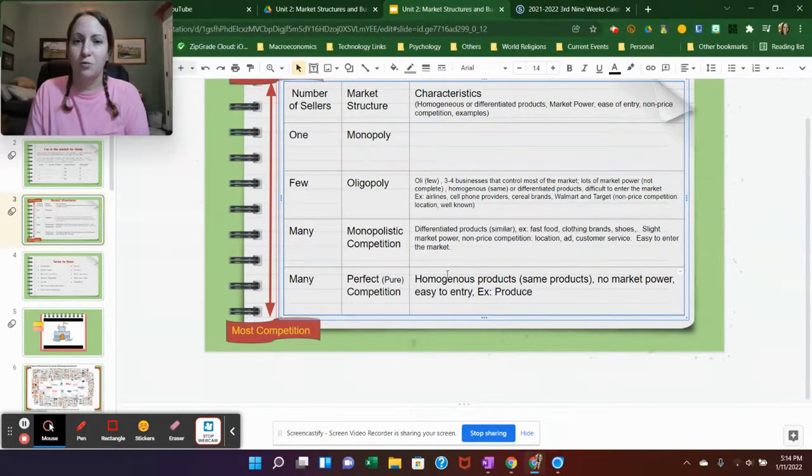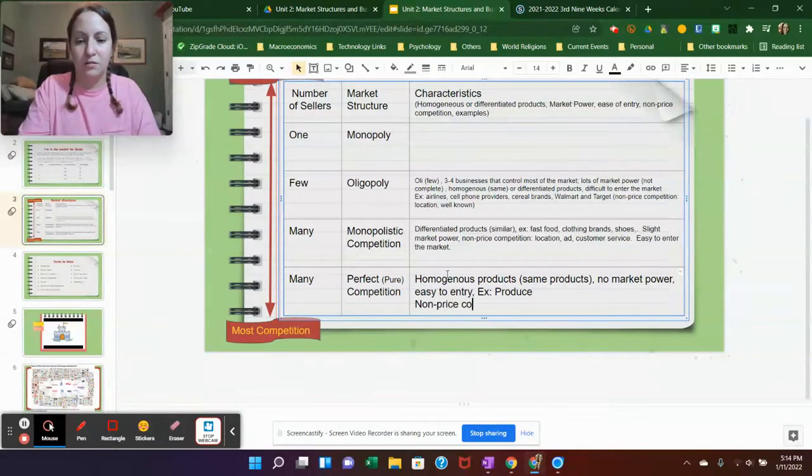Anyone can grow some vegetables and fruits and sell them on the side of the street. And how easy is that? Of course, you have to stay competitive. I guess examples of non-price competition, ooh, I can't spell, would be like the quality.